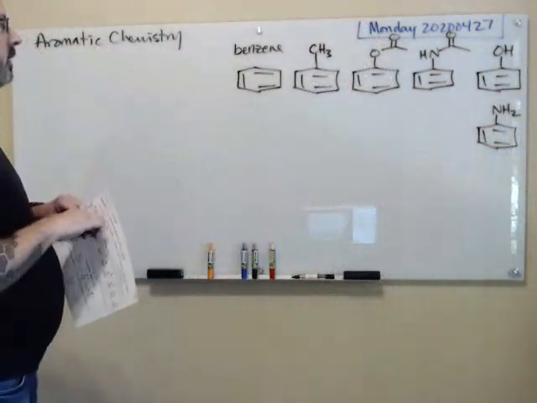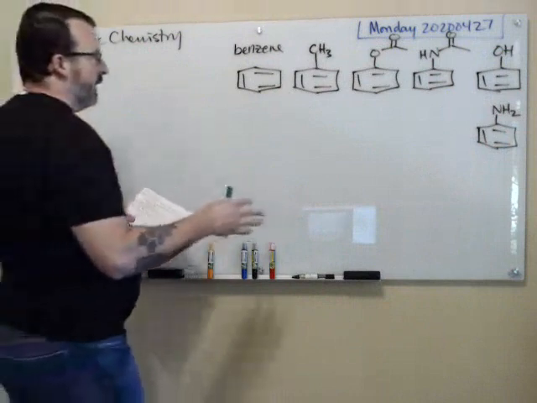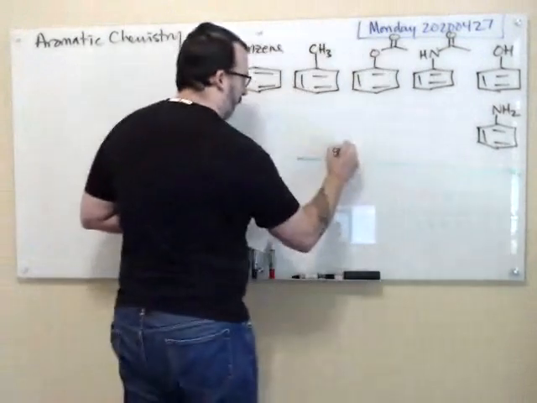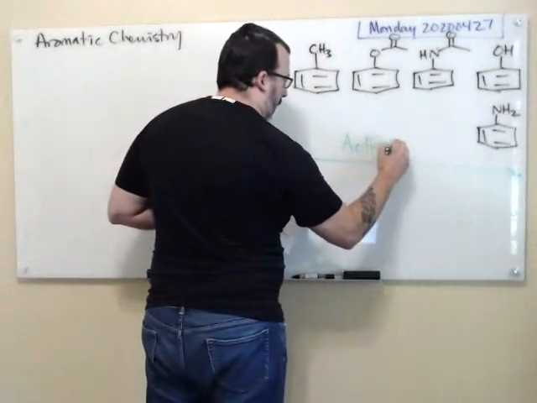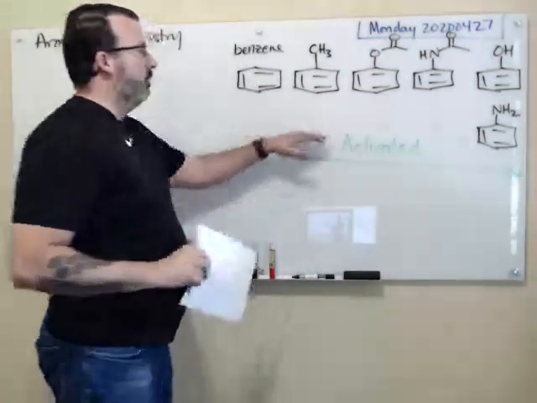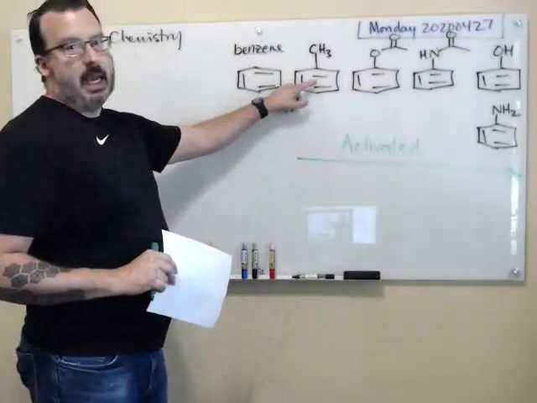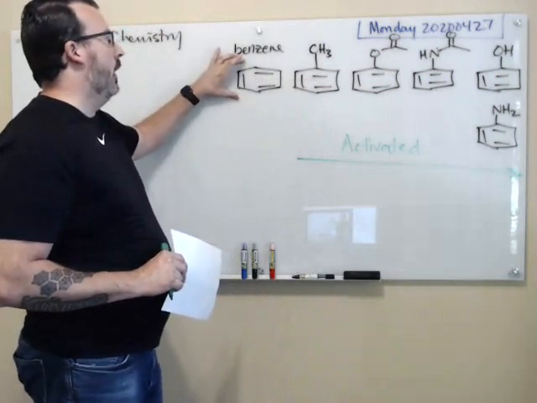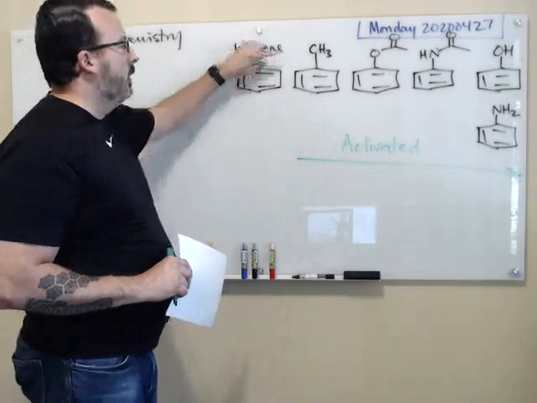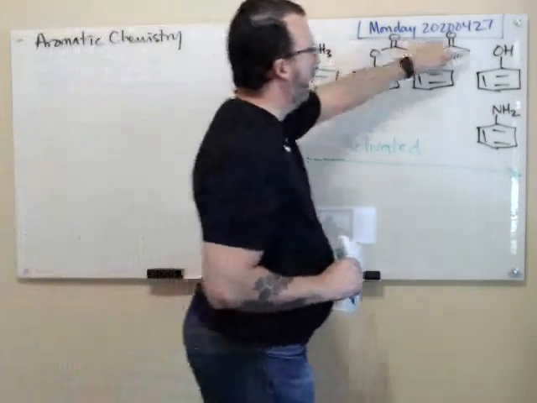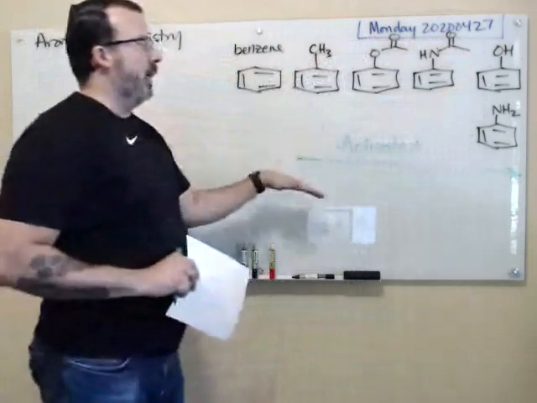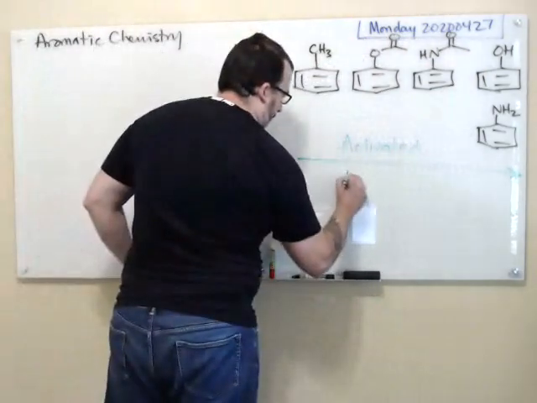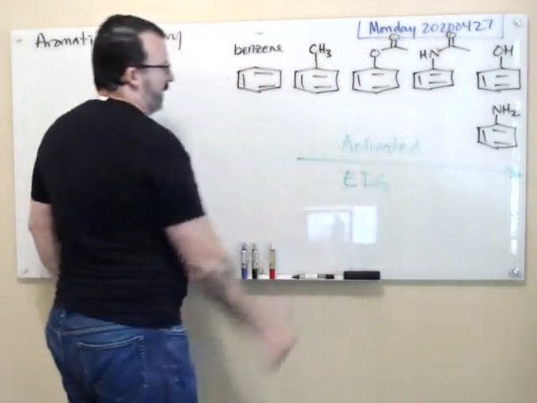So all of these molecules here, we're going to say that the benzene ring itself is activated relative to just regular benzene by itself. So these substituents are all pushing electron density into the ring. So we're going to say these are electron donating groups.